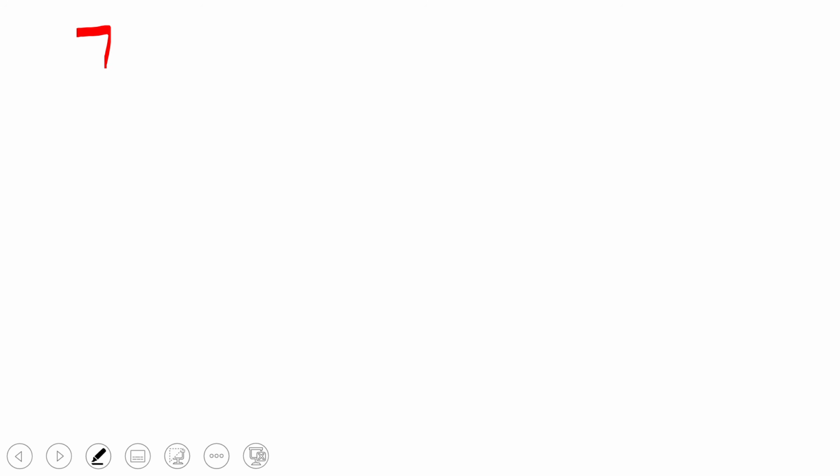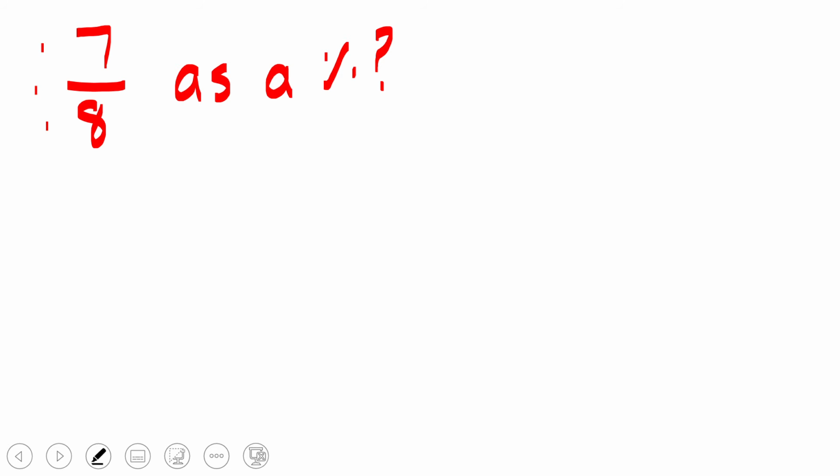Let's look at this fraction, 7/8 expressed as a percent. It's not as easy to make 8 100 as it was to make 20 100 in the last problem. We can always default to dividing because a fraction bar is a division symbol, 7 divided by 8.